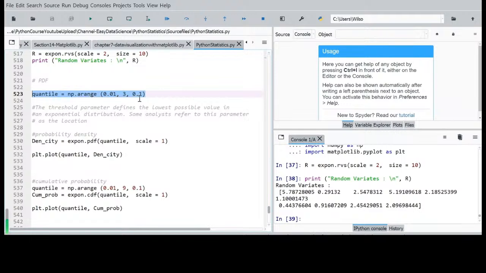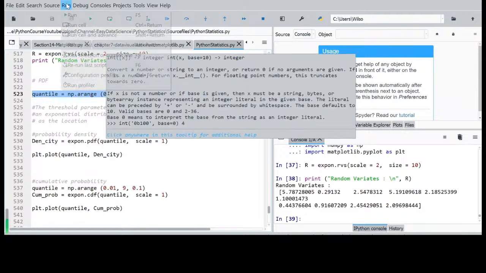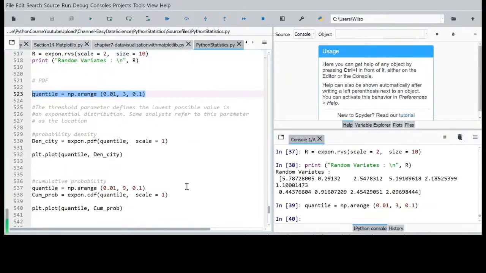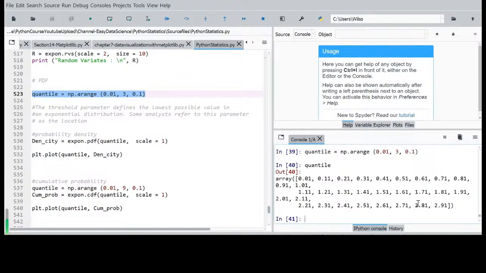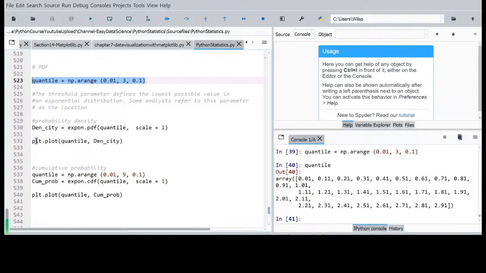So this numpy array will represent the exponential random variable.